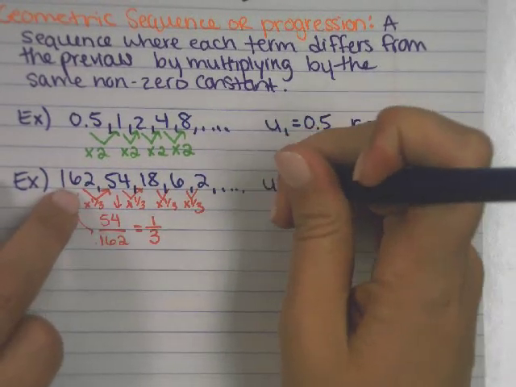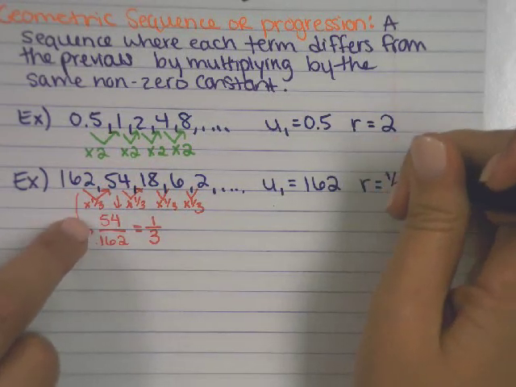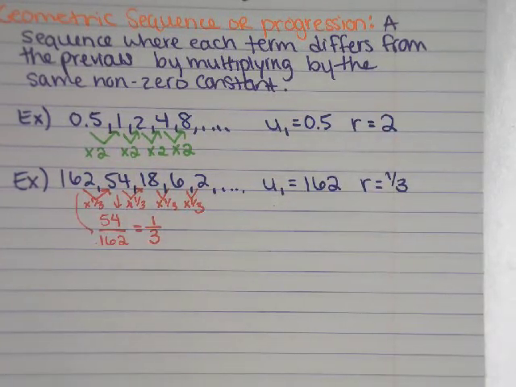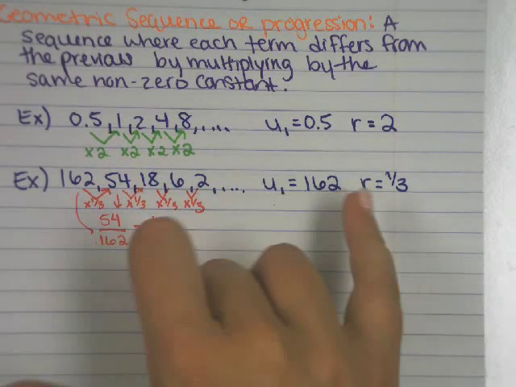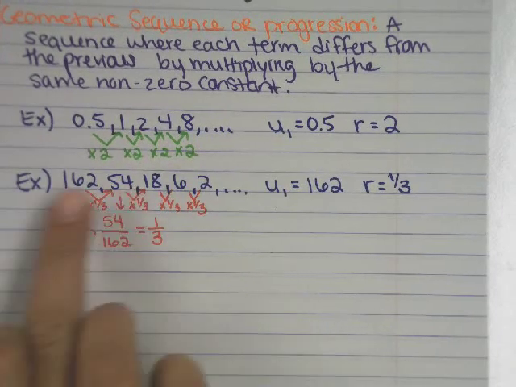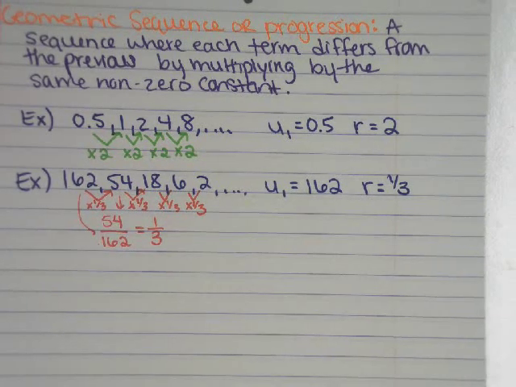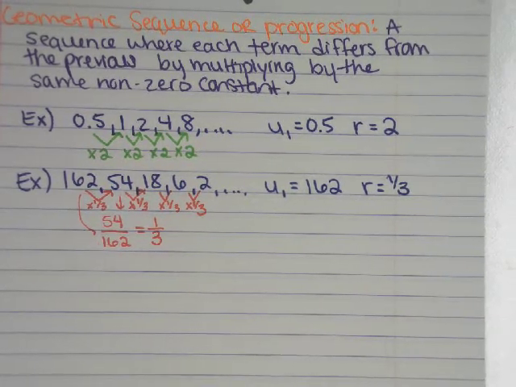So down here, our u sub 1, our first term is 162, and our r is the 1/3. Once again, if you have trouble finding the r value, then you take the second term divided by the first, and it should spit out that r value for you, and that should remain constant throughout the entire question.